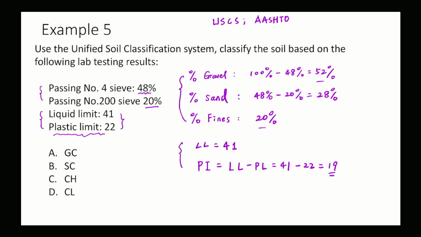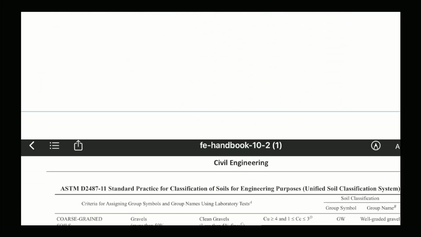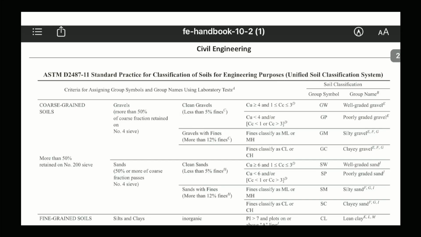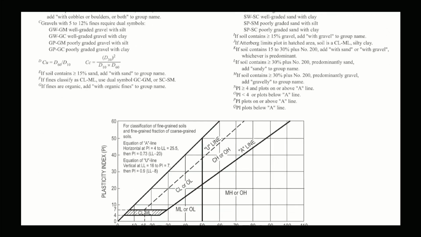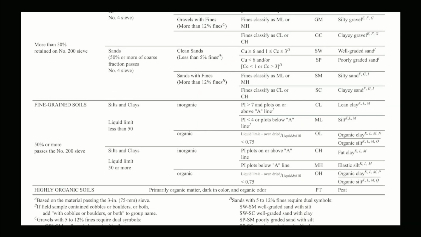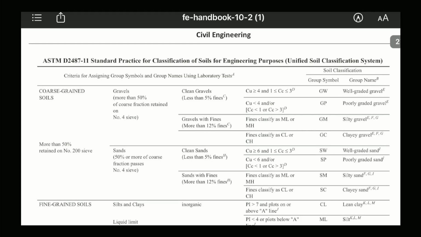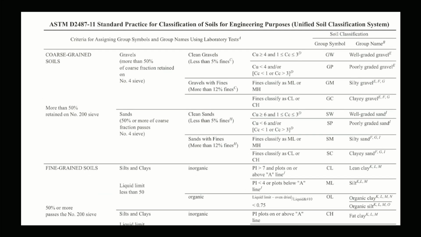So with all those numbers ready, I think we're ready to look at the reference manual and classify the soil. So if you go to, I'm using version 10.2, and find that page. We have a full page that is devoted to the USCS system, and it's actually very easy to use.